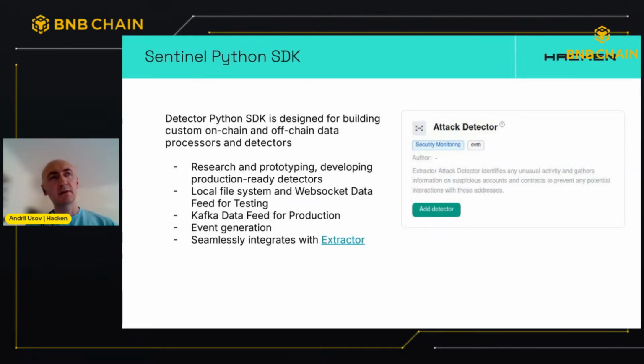The Detector SDK was developed inside Hacking just for our own needs, but then we realized that it could be useful for other people as well. That's how we can make a contribution to the community, as I mentioned before, because it helps perform research and prototyping of different attacks, not just address poisoning.